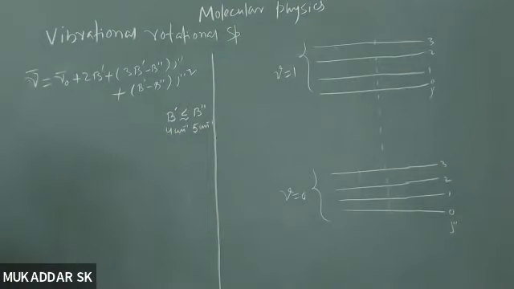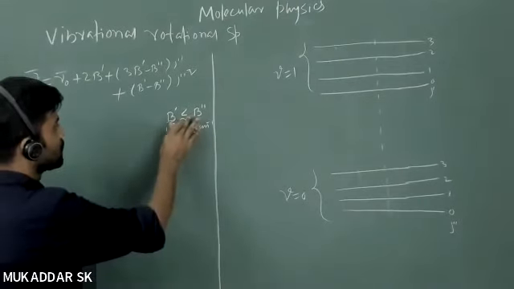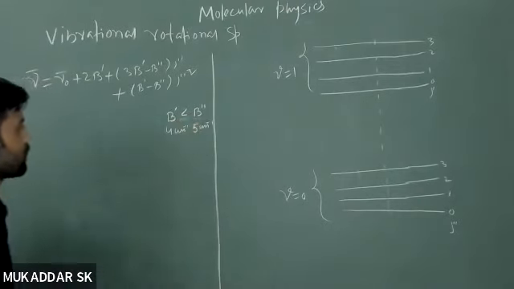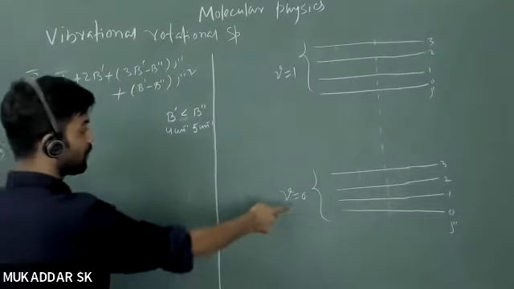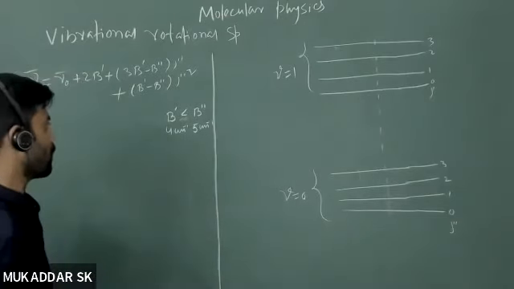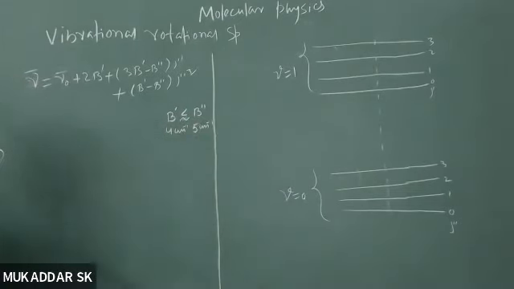Now, the first transition will correspond to what? Please let me complete. In general the condition is that B'' should be greater than B', but when you have only v = 0 and v = 1, the numbers will not be exactly the same, but almost close.